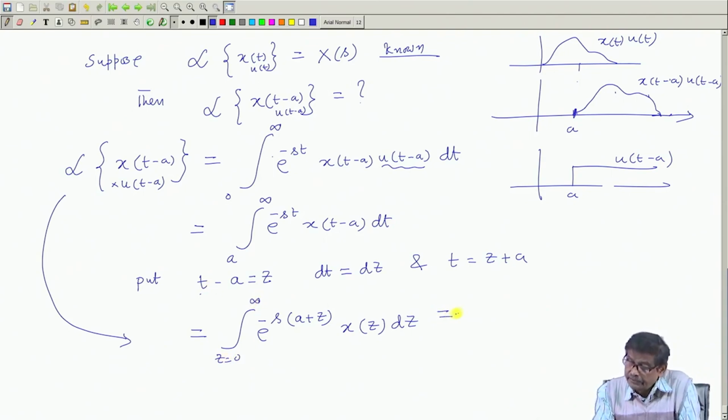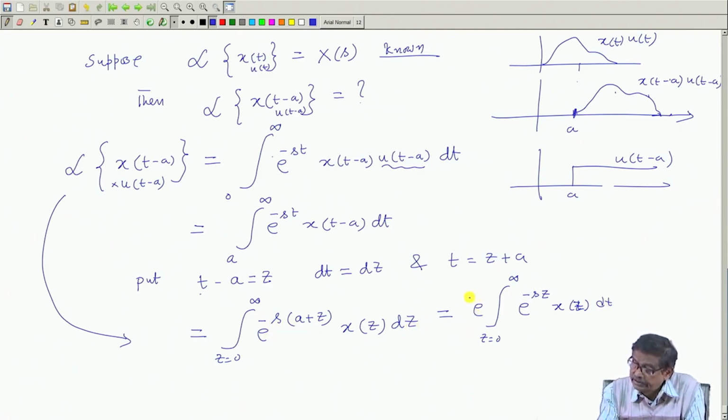So, you can write this integral as z equals 0 to infinity of e to the power minus sz into x(z) dz. And this e to the power minus as, since I am integrating with respect to z, can be taken outside this integral.